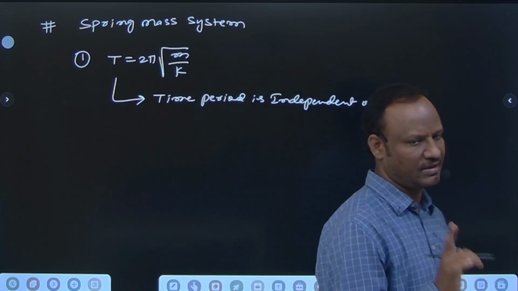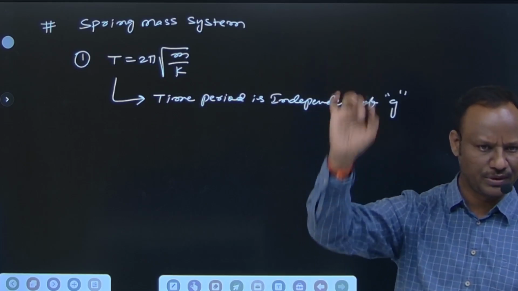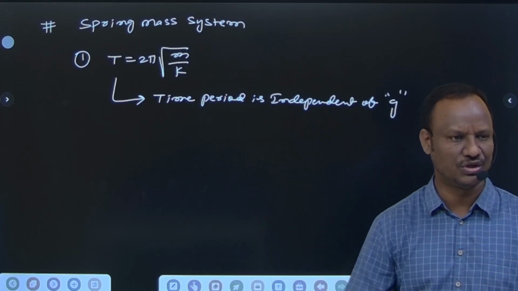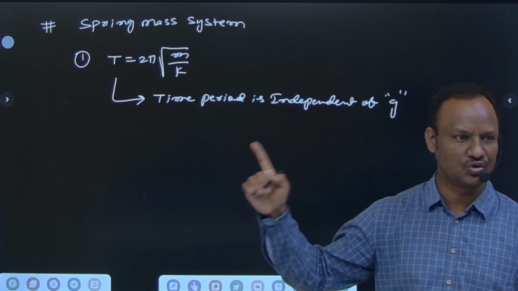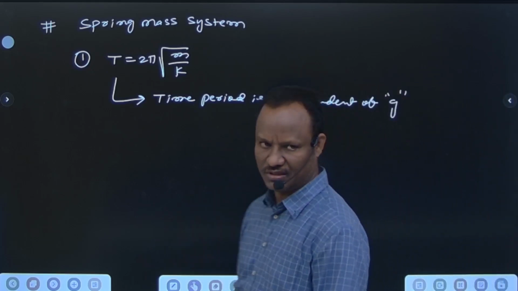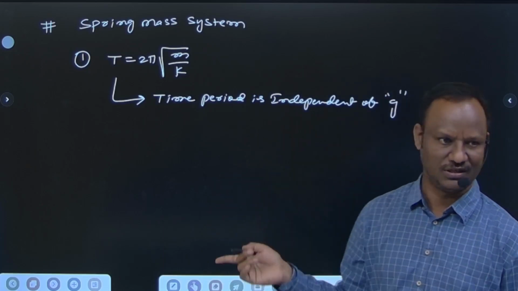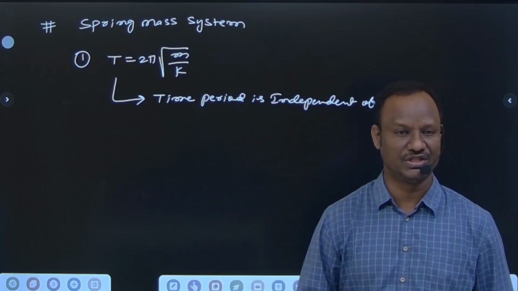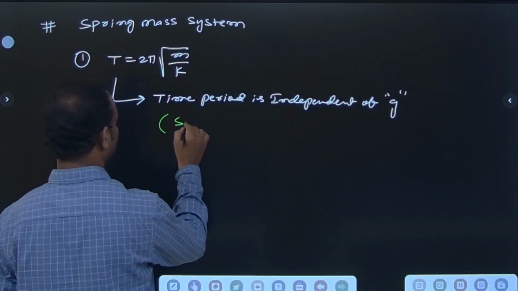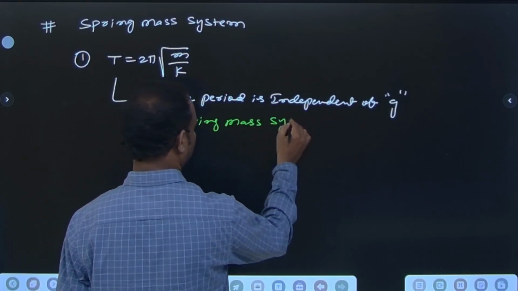If you keep this spring mass system at a certain height, on the mountains, or on another planet, it is independent of g. So everywhere T is equal to 2 pi under root of m by k. That is what we can measure. For accurate measurement of time period, we use the spring mass system only, because it is independent of g. This is the reason the spring mass system is used.